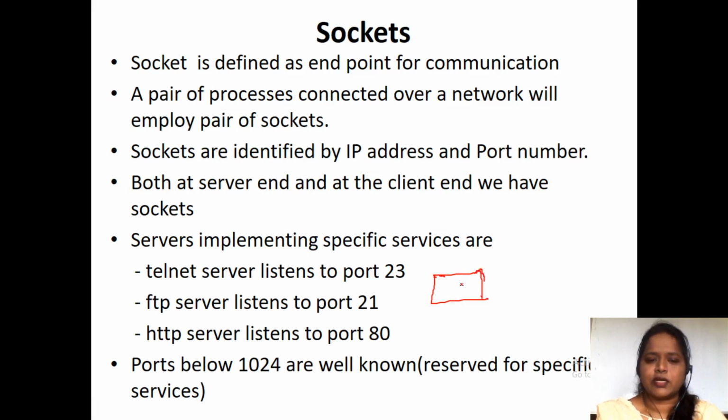Suppose this is the client and this is the server. If a pair of client and server has to communicate, a socket will be present with the client, and a socket will be present with the server. Without the sockets, they can't communicate with each other. So a pair of processes connected over a network will employ a pair of sockets.